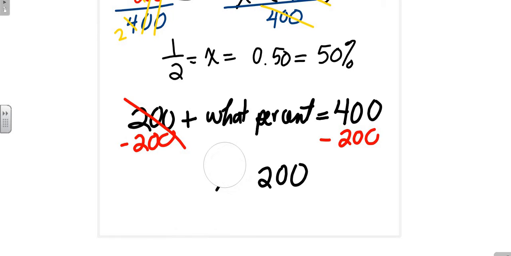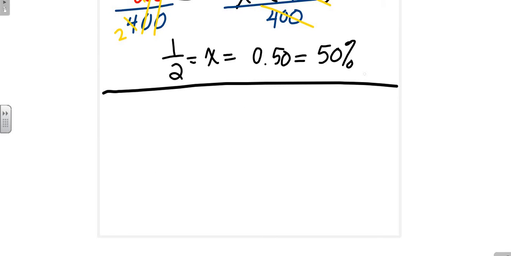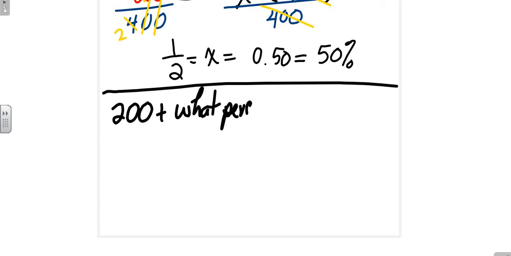Hang on. I set this up a little bit incorrectly. Okay, I worded that wrong. Let me reword it. What we're saying is 200 plus what percent of 200 is $400.